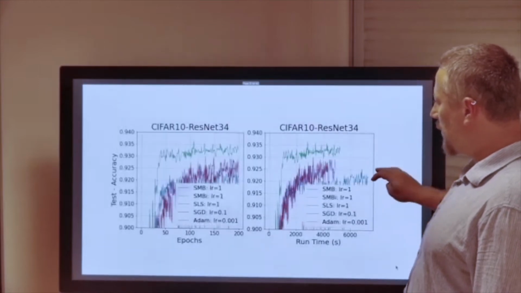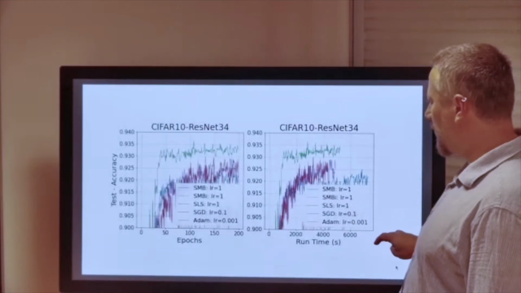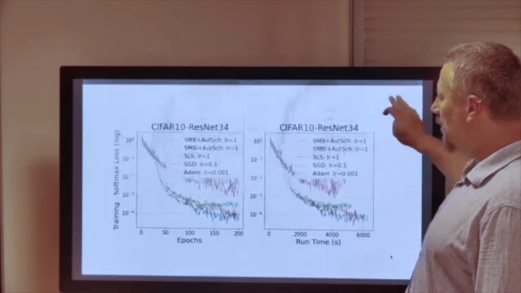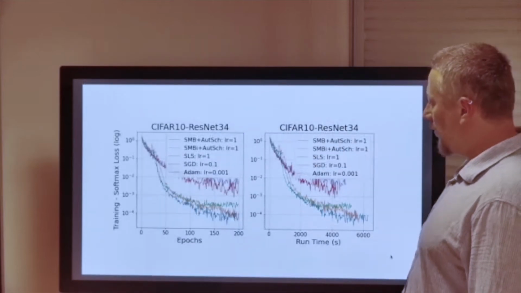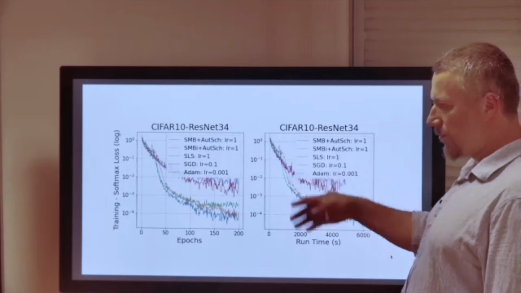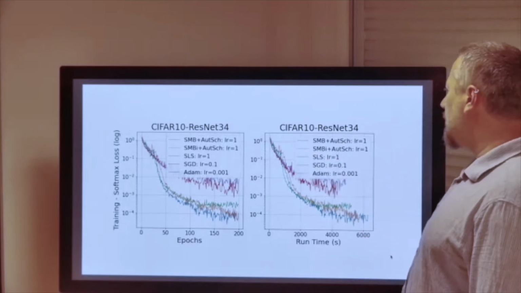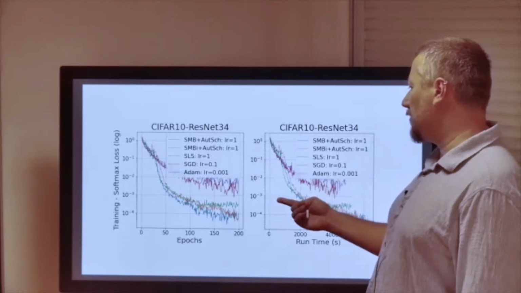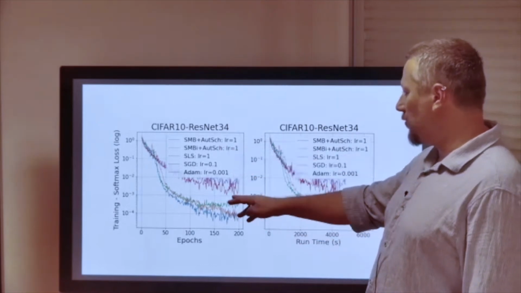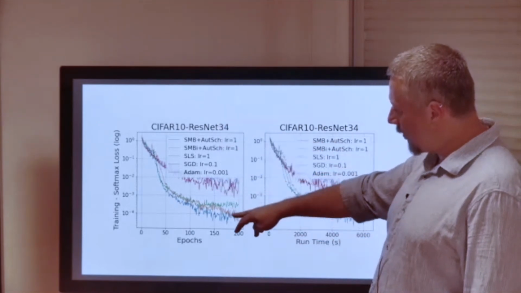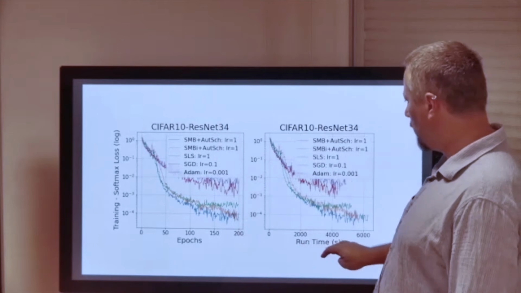But if you remember, in terms of accuracy, we had tried a little bit of simple auto-scheduling by looking at the number of model steps in an epoch. And with that scheduling, SMBI performs better than SLS on training loss.